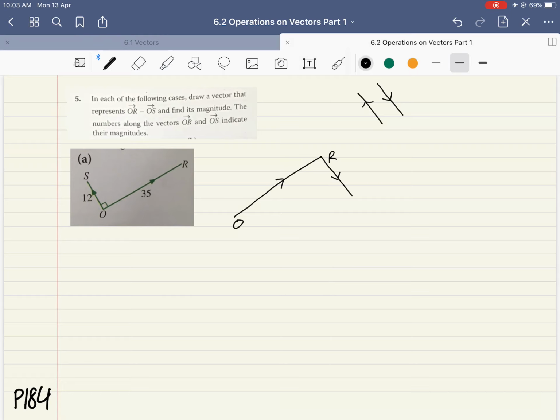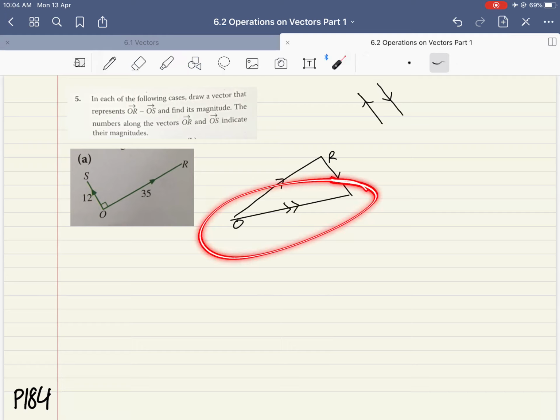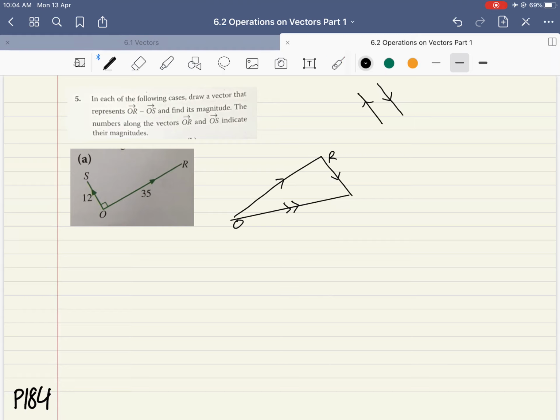So let me just draw it out here. Then my resultant vector will look like this. So this is my resultant vector over here. Now, what they need me to find is the magnitude. So again, if this is a 90-degree angle, this is also a 90-degree angle, because if this is 90, I transplant it over here, this will also still be 90.